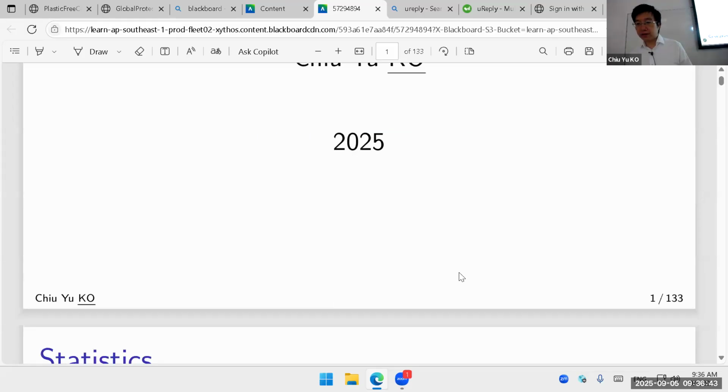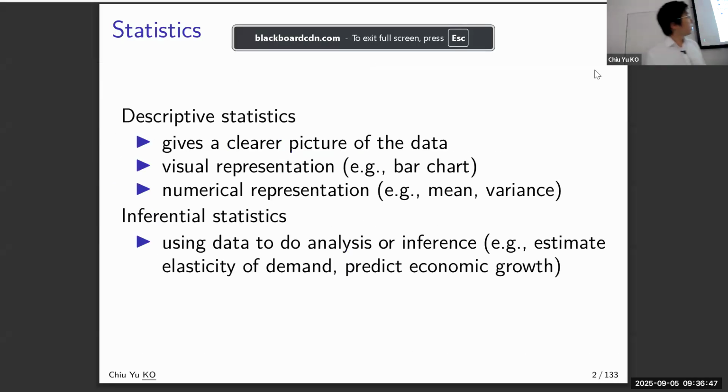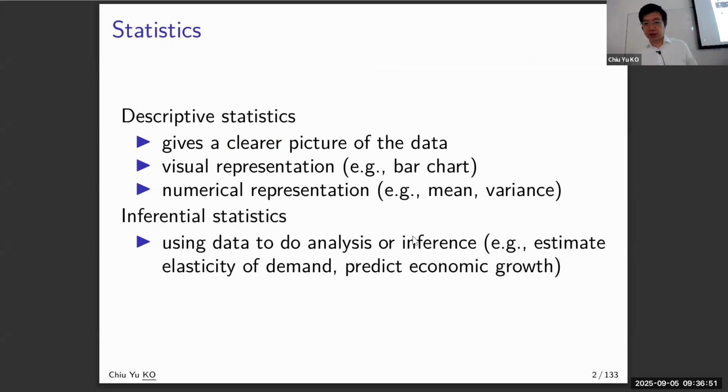So let's review what we have done very quickly. Statistics is divided into 2 parts. Just to remind you, the first half of the course focuses on descriptive statistics, where you're not deriving new knowledge, rather you're extracting what is already inside the data.